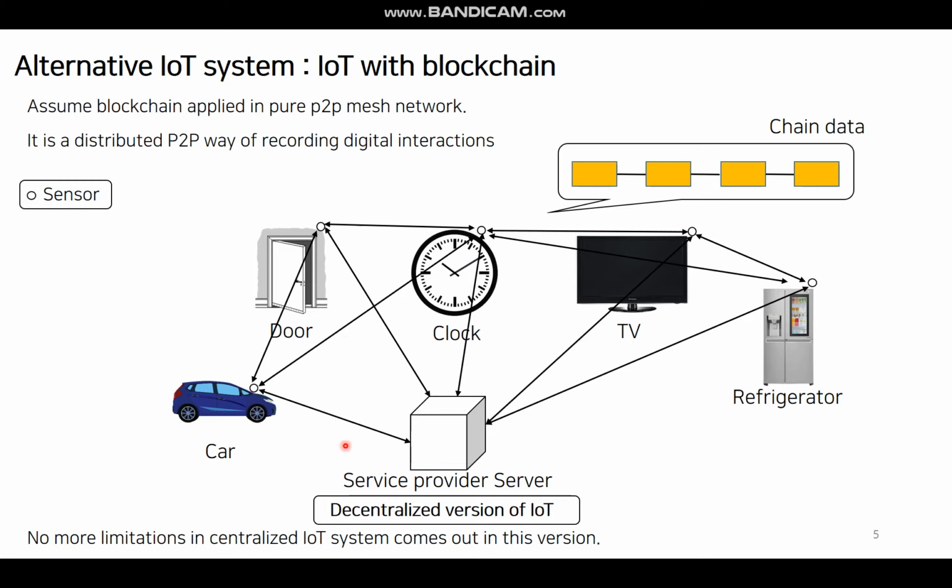So in this case, every single network link is represented in this part. So none of the limitations of the centralized IoT system come out in this version, because every single thing shares the same chain data of the transactions, so there will be no burden on the service provider server.